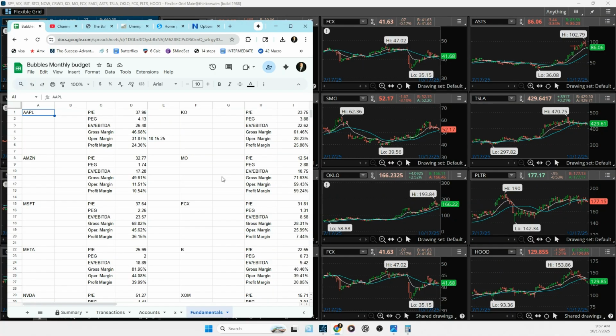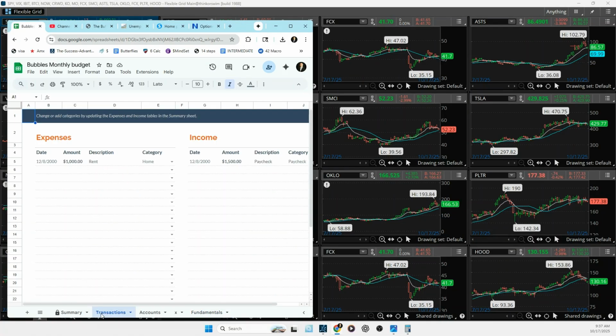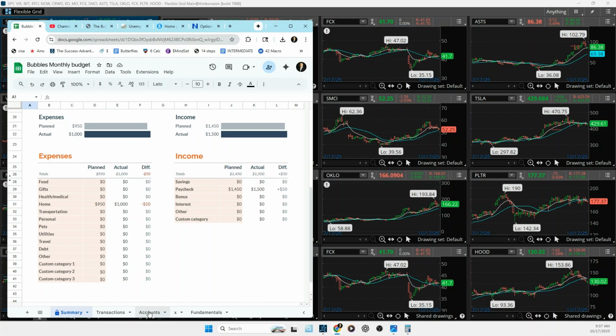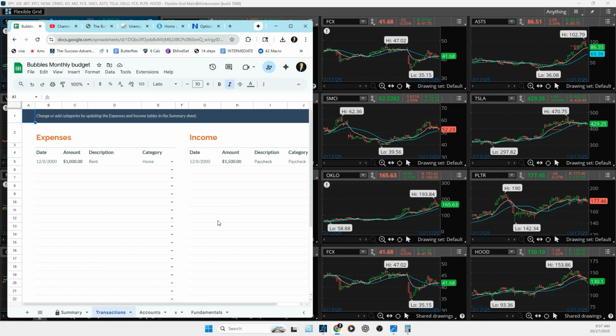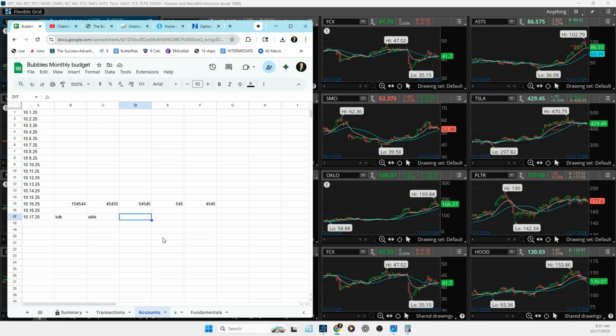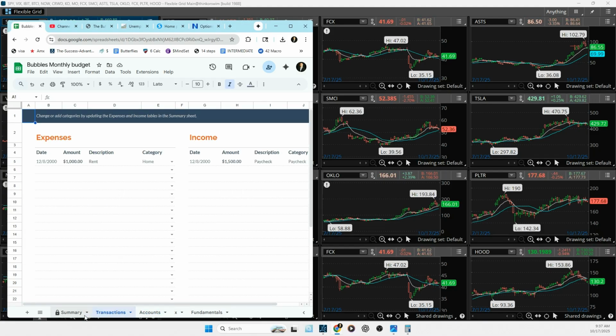So this will be a more realistic way of playing it, but it's still the same thing, right? These are your expenses. These are your transactions, I guess. So that's the actual expenses, and accounts. This is how much you have. This is how much is going out.